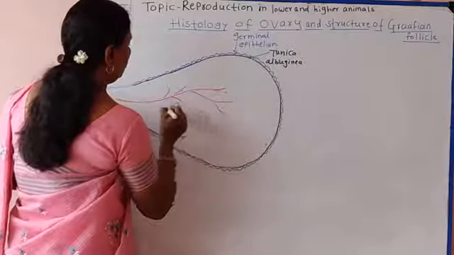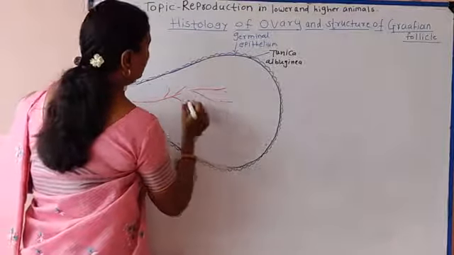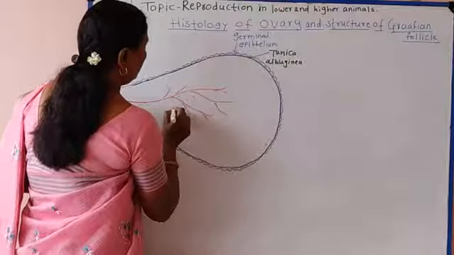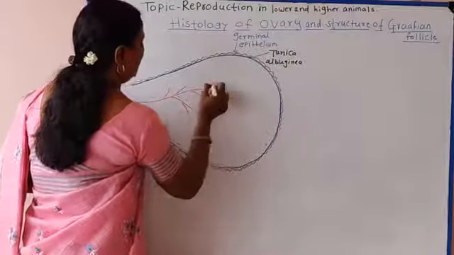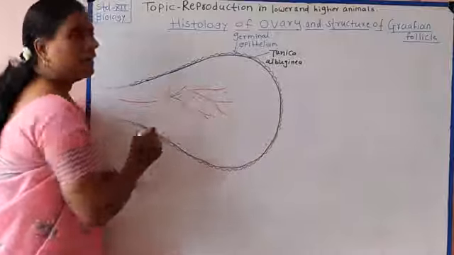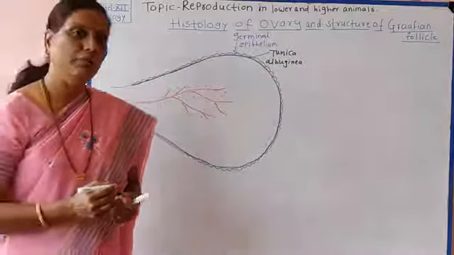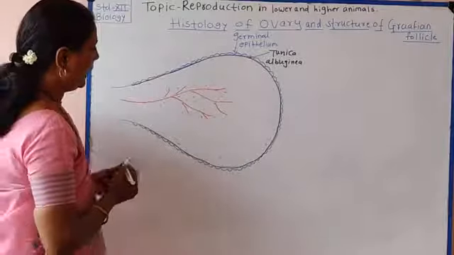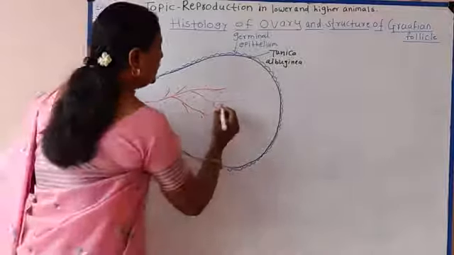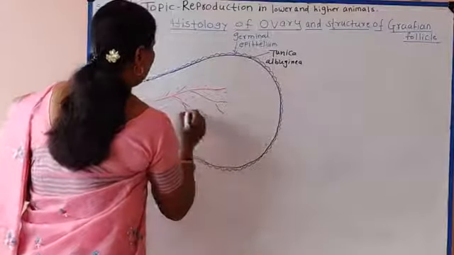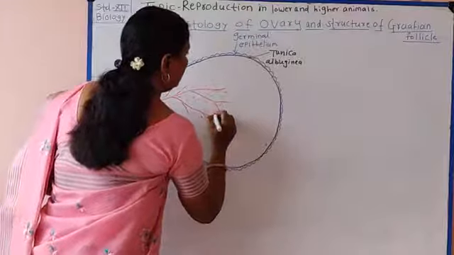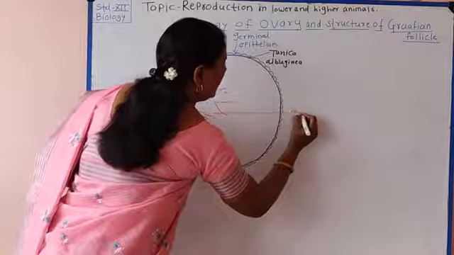So this part is the medulla region. So inside the medulla, what is present? The blood vessels, then nerve fibers and lymphatic vessels. So we can write here the structure, that is the medulla region. This is medulla.